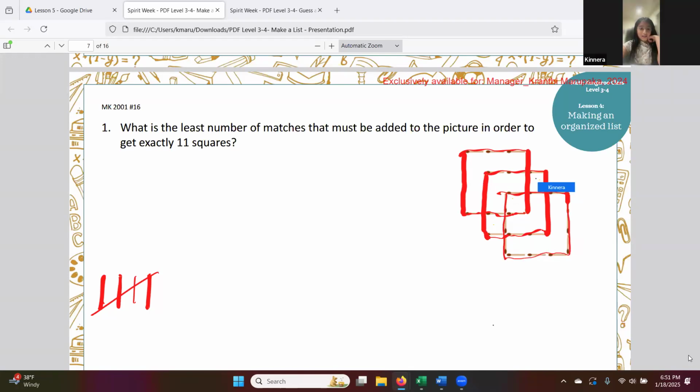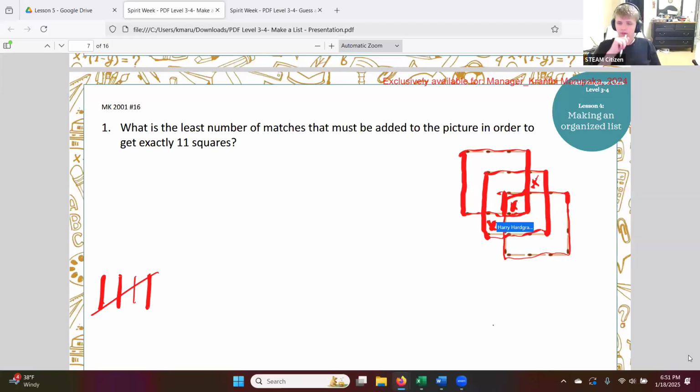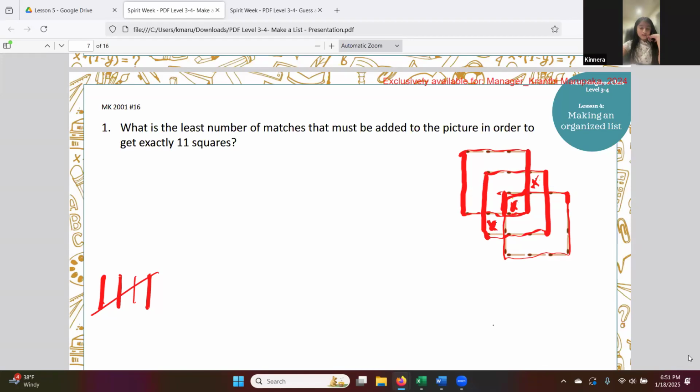I found these 3. Put little X's in the 1 by 1s. Mm-hmm. And then this. What about that? It's like, oh wait. Like another square like this.